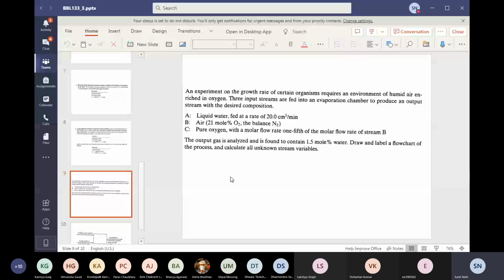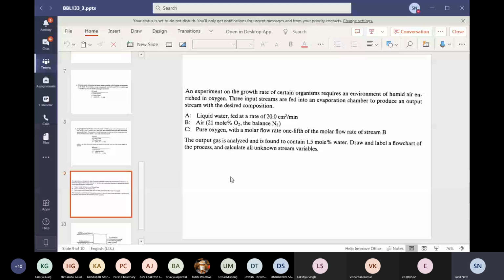There is air, and any humidification or dehumidification process involves an air and water system, right? But here, in addition to flowing air, he has a third stream, which he says is pure oxygen.